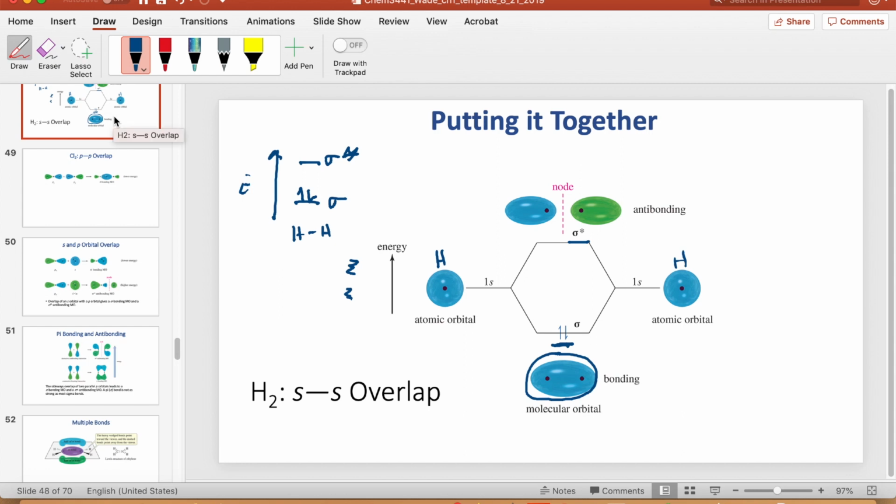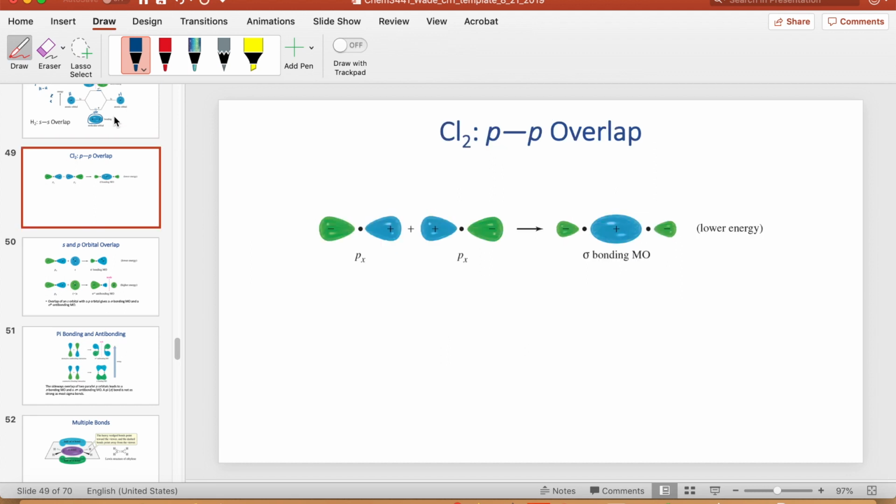So let's look at chlorine. Let's move out of the S and go over here to P. So chlorine is going to form a bond that we see here with two p orbitals. If you look at chlorine's electron configuration, you'll see that we have the p orbitals available there.